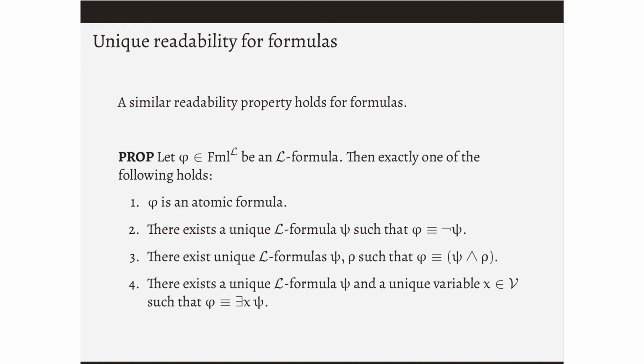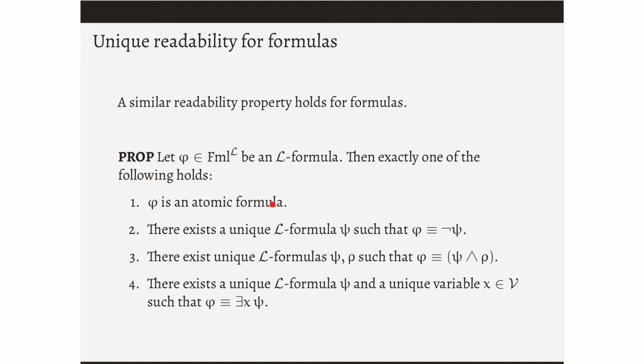One can define a similar readability property for formulas, again using the fact that formulas are built up inductively from the atomic formulas. So here's the statement. If phi is a formula, then exactly one of the following holds.